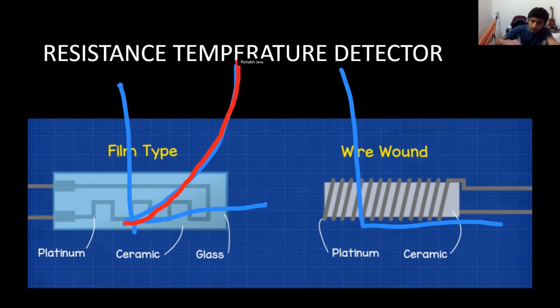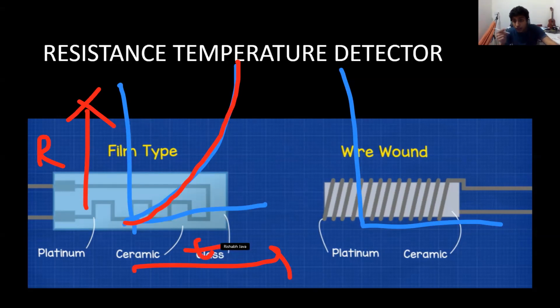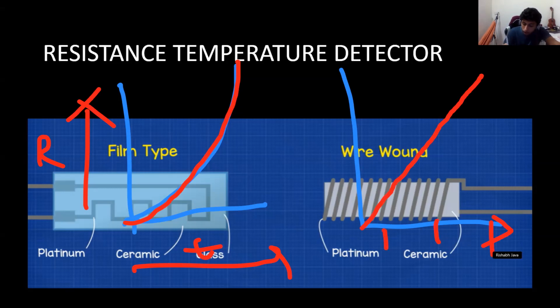As temperature increases, the resistance increases like this. But there are some special materials, like for example platinum, where the resistance increases like this. So for every temperature value, there is a proportional increase in the resistance.